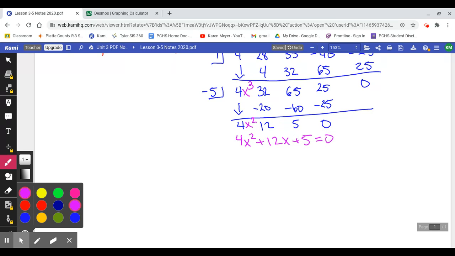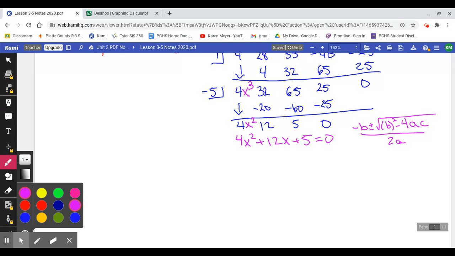And here, this is where I would either factor or I would do the quadratic formula. I'm pretty partial to quadratic formula, so that's what I'm going to do. So I'll write the quadratic formula down here again. Opposite of b, plus or minus the square root of b squared minus 4ac all over 2a.